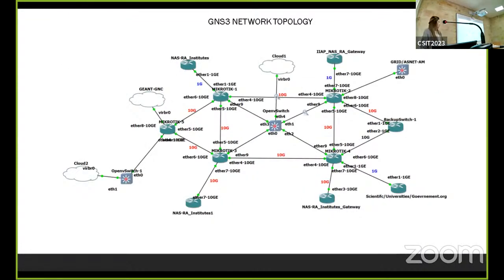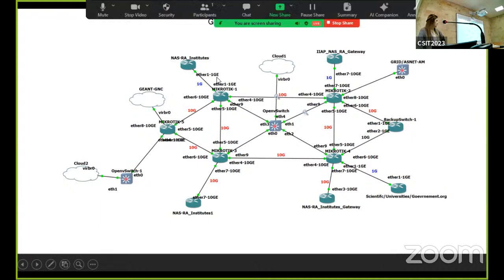Here you can see our network topology that has been simulated in GNS3. Here are our four core routers that are interconnected with routers and devices.